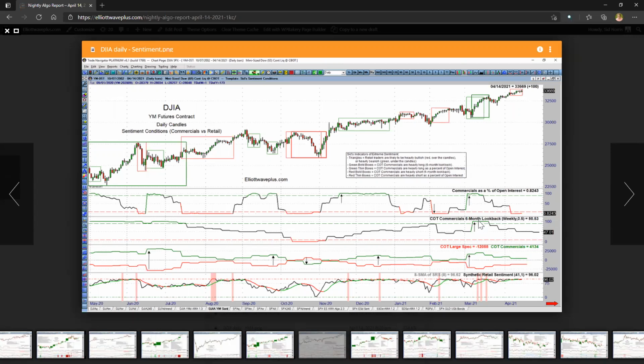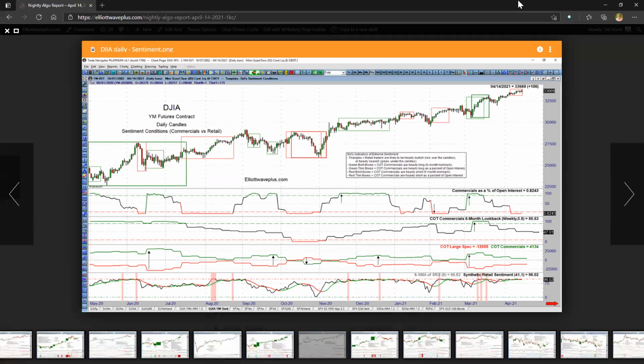So they're bullish, and we had agreement that things were bullish because the commercials as a percent of open interest at that time were heavily bullish, and that's why we had a thin green box that represents this indicator and a thick green box that represents this indicator, stating that the commercials are bullish right here, and price has continued to go up, but now we're starting to see a little bit of bearishness come in.